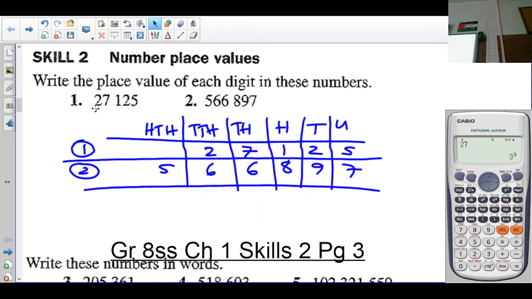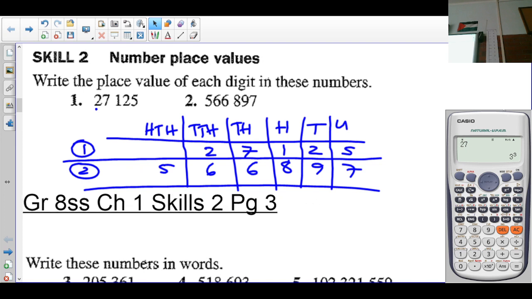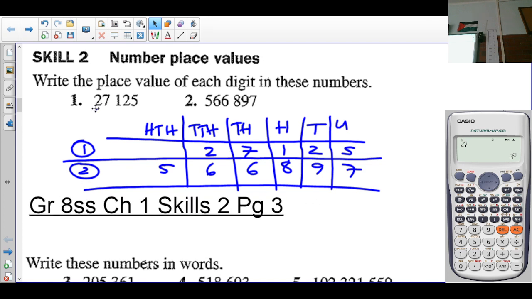Now somebody said earlier on she couldn't read numbers. Okay. What is that number there, the first one? What would that number be? 27,125. Now, who couldn't have read that number?